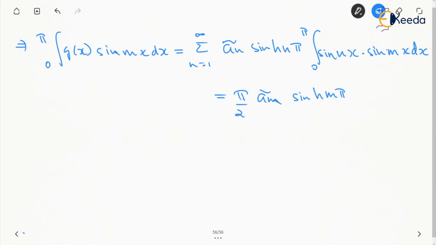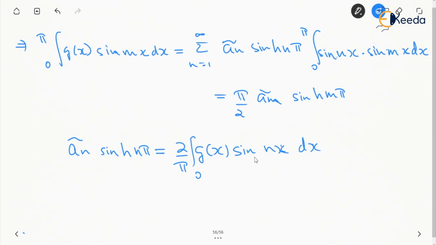So we can say an, taking 2 by pi on the other side, is 2 by pi times the integration of gx from 0 to pi. That's it.